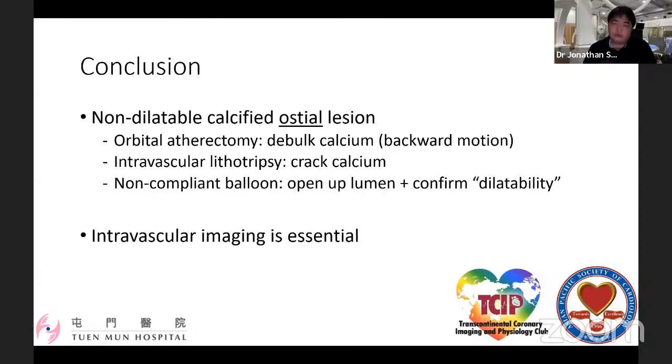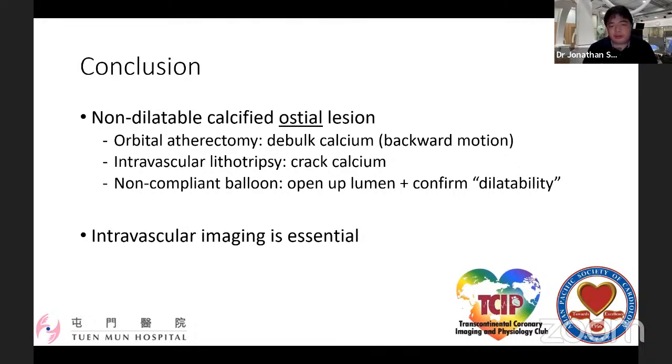So with rotational atherectomy, you try to debulk the calcium as you move forward. It's fine for lesions in other anatomical positions, but for the ostium, with very little guide support here, rotational atherectomy would not be as effective.